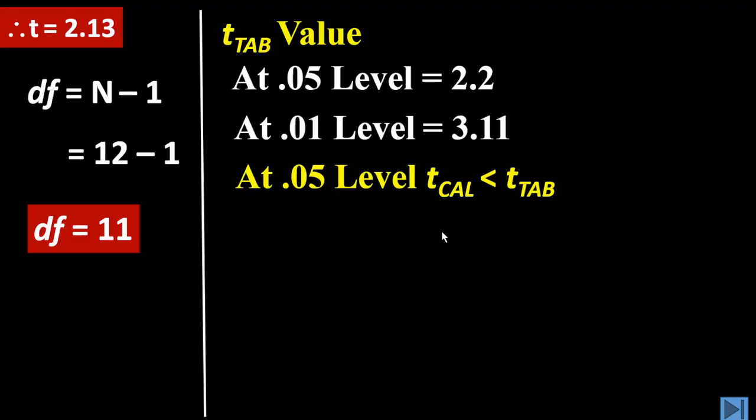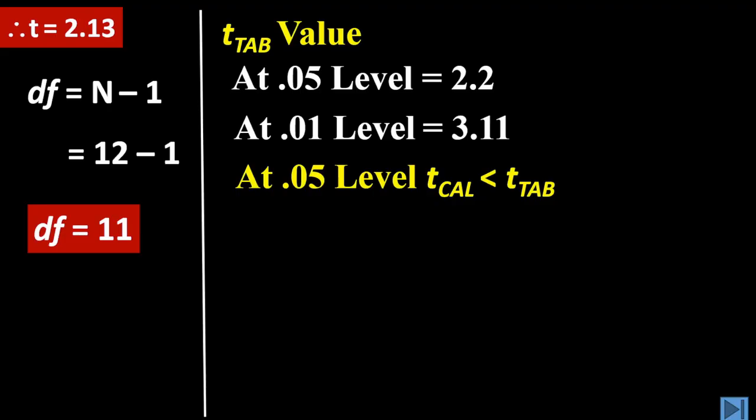Here t calculated is less than t table value. It is less than both table values which are required for significance of difference at 0.05 and 0.01 level respectively. Our calculated value is 2.13, that is less than 2.2 and 3.11.